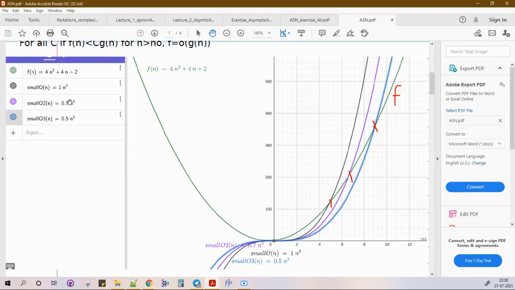If I take c equal to 0.7 n cube, then what will happen? After 7, this purple line, which is nothing but 0.7 n cube, is greater than f, the green line. And again, if I take a smaller value of c, 0.5, then what will happen? After like 9, it will again cross f and be greater than f, this green line, right?